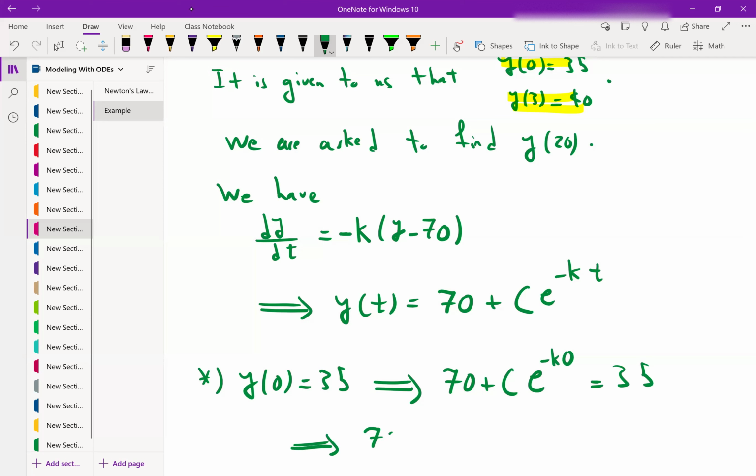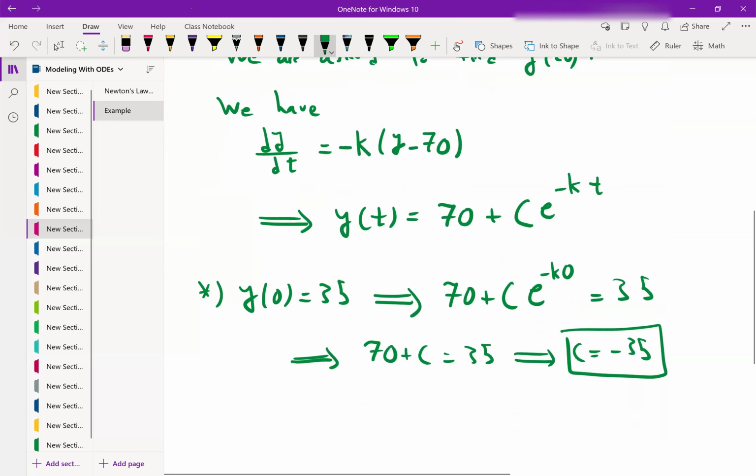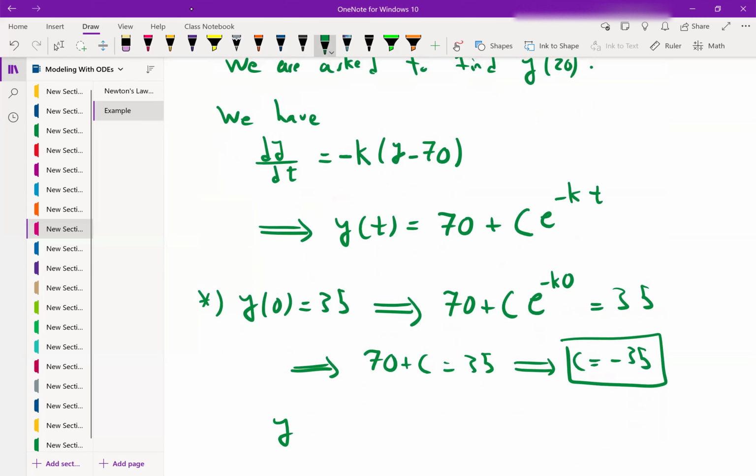So 70 plus C is 35. So C is equal to negative 35. 35 minus 70 is negative 35. So I have my C. That's good. That means that at this stage, I know that y of t is equal to 70 minus 35 e to the negative kt. I still don't know what k is.